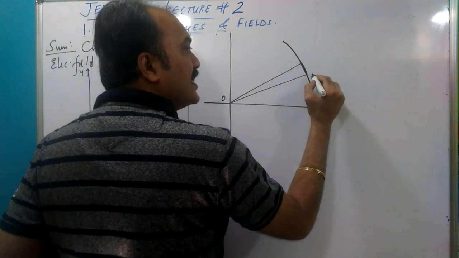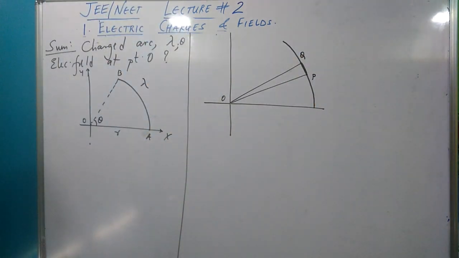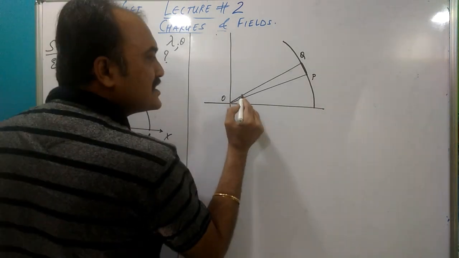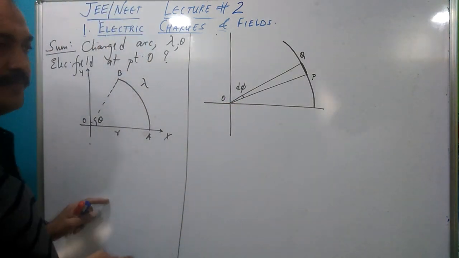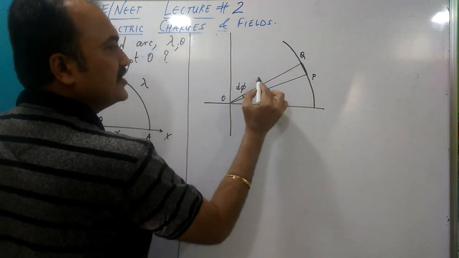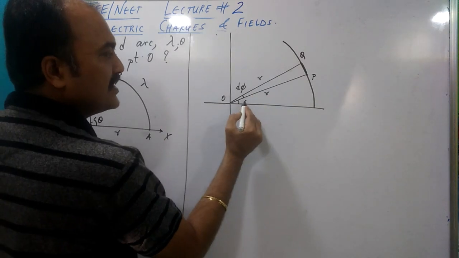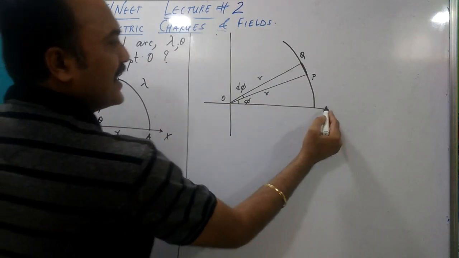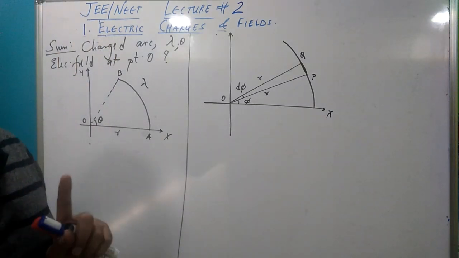I'll call this much PQ. This is a small length of arc. Let us say it subtends angle d phi out here. This is radius R, and this small PQ subtends an angle phi with the x-axis.